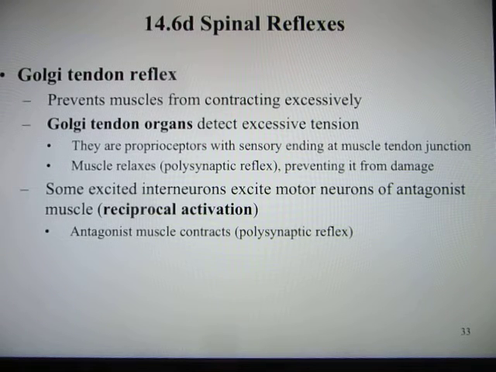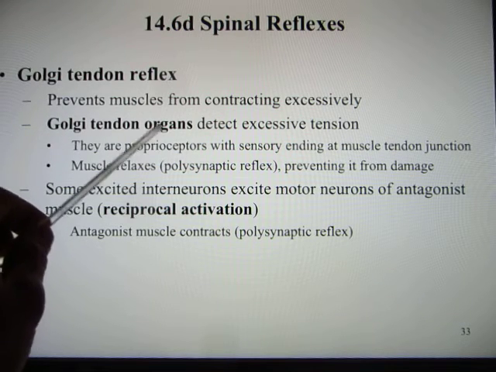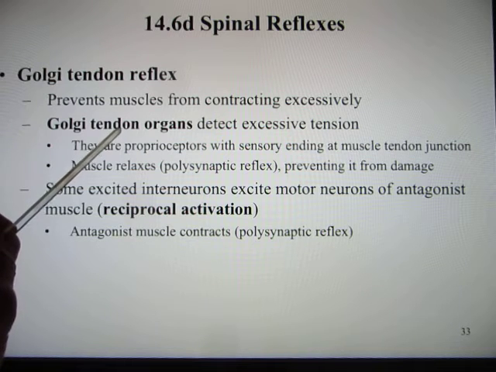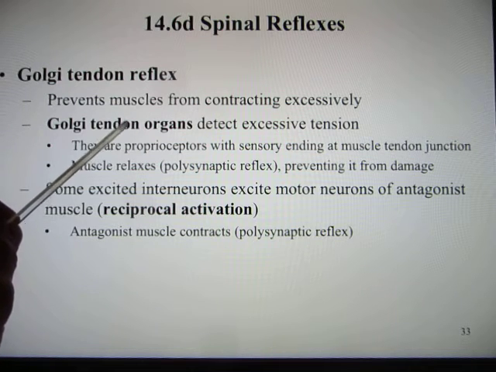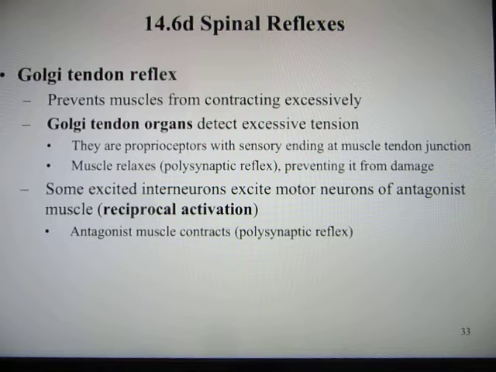The second one is the Golgi tendon reflex. The Golgi tendon reflex function is different. Their receptor is the Golgi tendon, which stays in the tendon, and the tendon connects muscle to the bone. So its function is also a reflex, but this reflex is more like a protective mechanism.